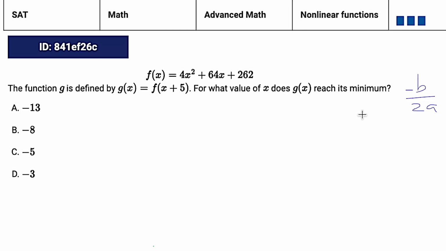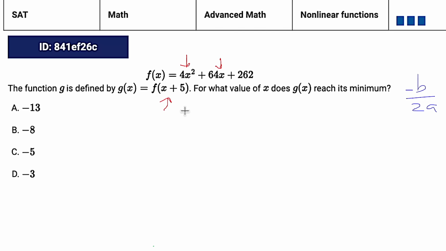But think about it for a second. What are we going to have to do? We're going to have to plug this in for every instance of x. Things are going to get crazy, right? So instead, what we're going to do is we're going to use Desmos. But let's talk about this function within a function for just half a second here. If it says f of x plus 5, all that means is in every case of x in our equation here, we're going to plug in x plus 5 instead.